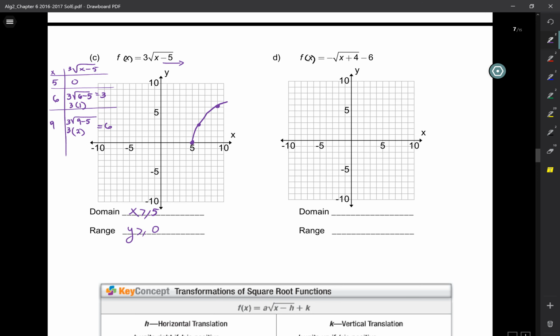Okay, what about this one? So what does the plus 4 do? Where does it move the graph? Left 4 and the 6 down. So left 4, down 6. All right, so in my table of values, I'll start with what? Negative 4.